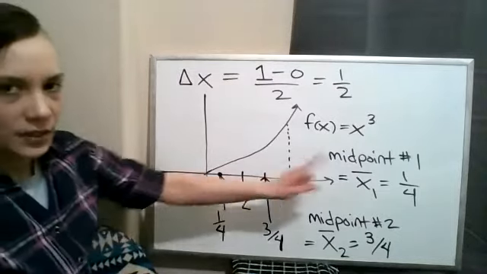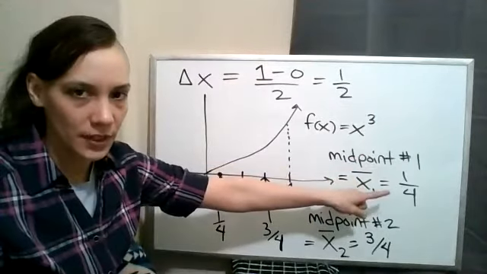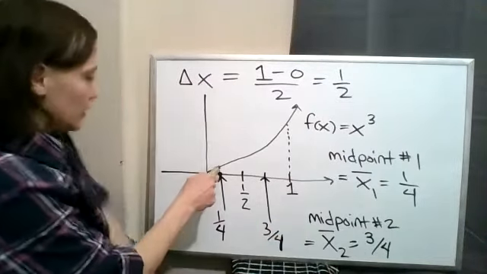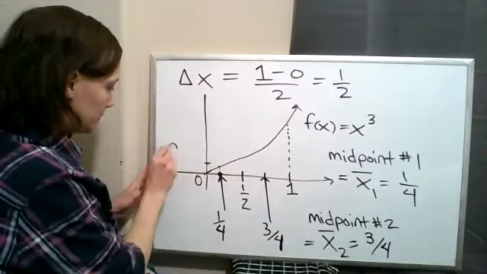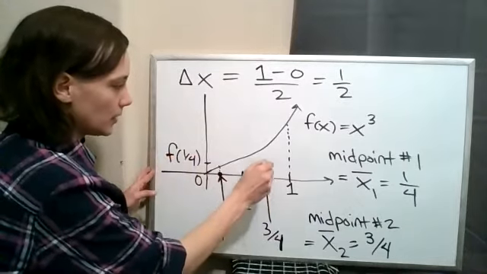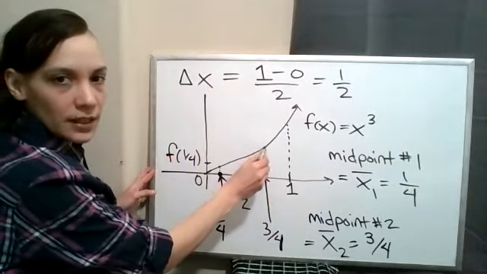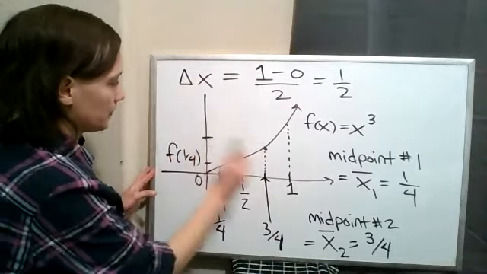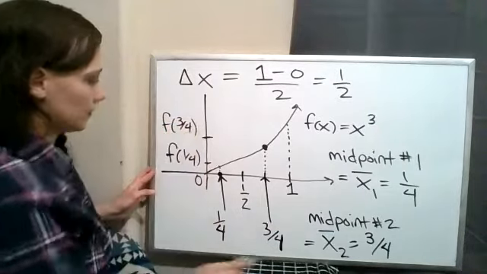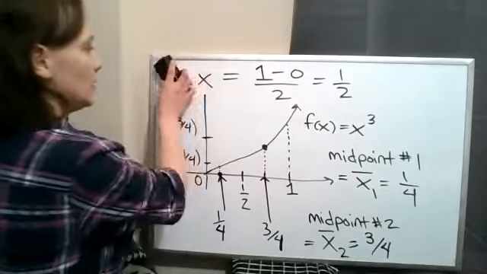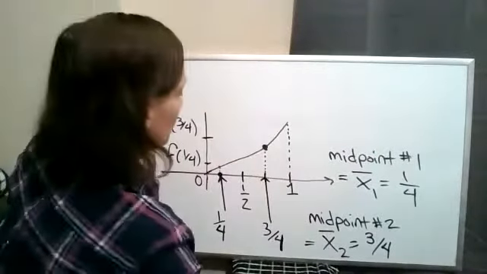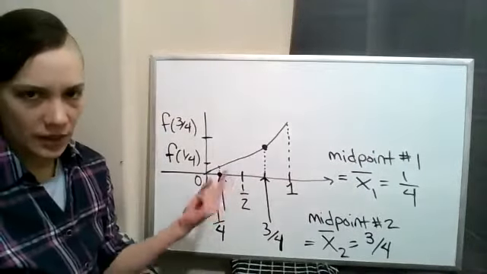But we want to evaluate the function at each midpoint. So put 1/4 into the function, put 3/4 into the function, and that will give you that height right there. And then the other midpoint goes up to the function and gives you the other height that you need. Let's go ahead and draw the rectangles first.